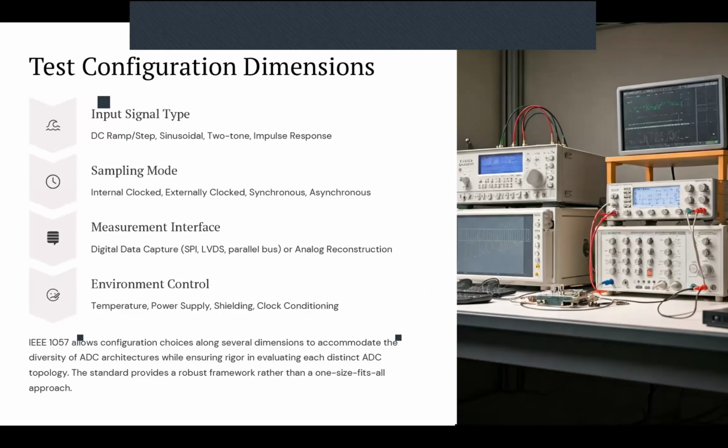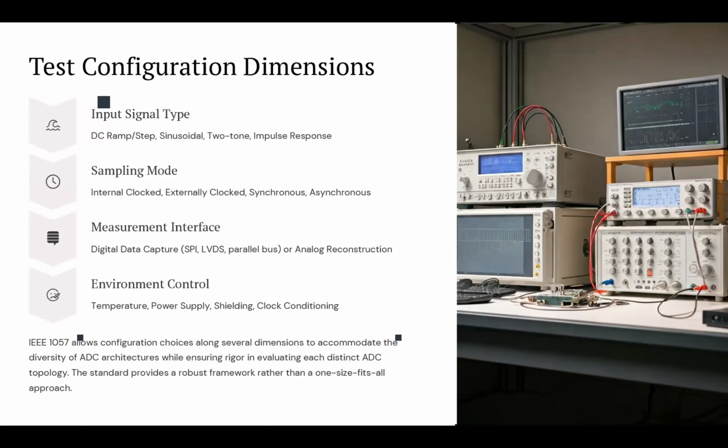Now, when we talk about testing an ADC, it is not just applying a signal and reading the output. There are several critical dimensions that we have to carefully note when testing ADCs.